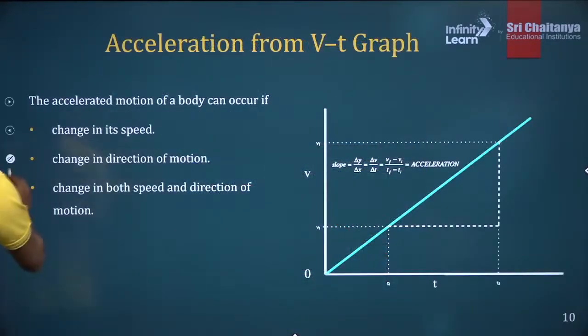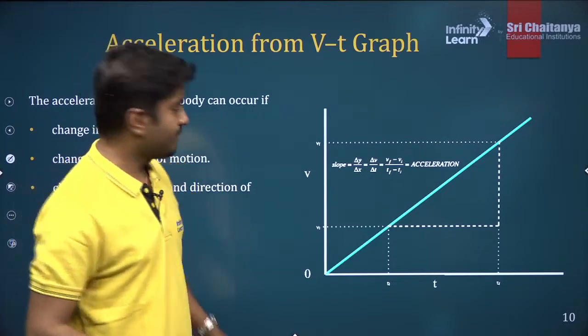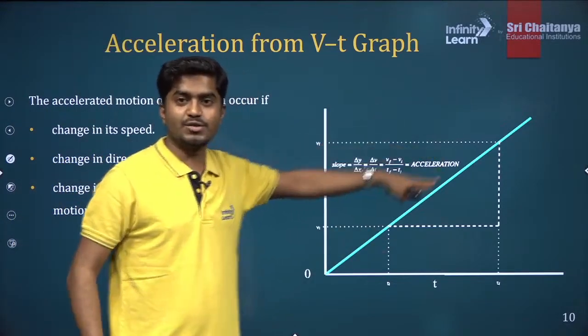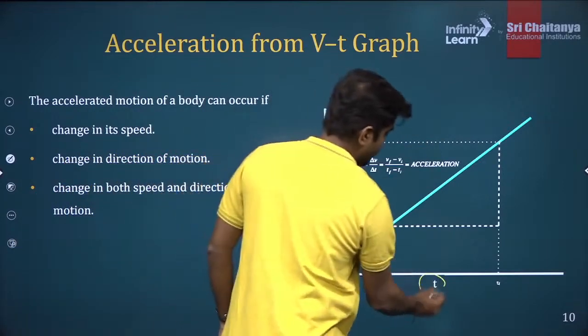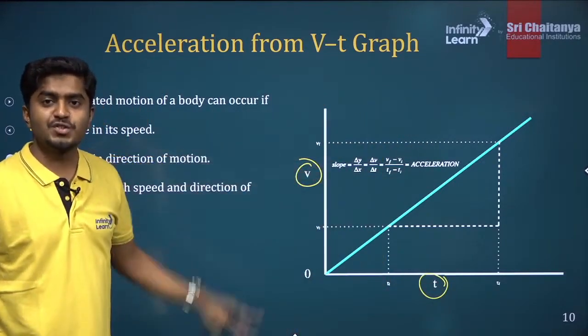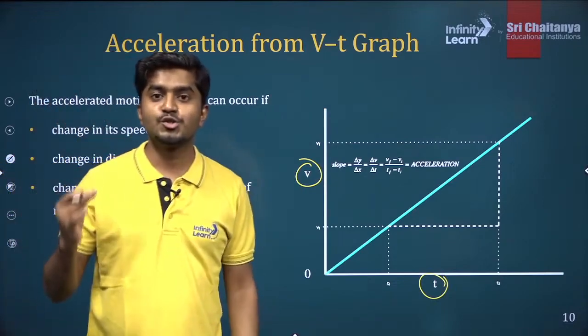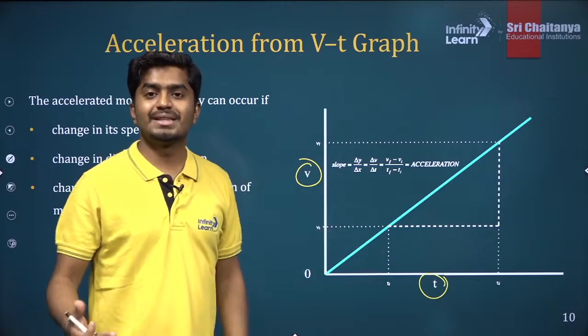Okay, so now whenever you have a straight line in the velocity time graph, for example, there is a straight line. Can you see? There is a velocity versus time graph, and you have a straight line. For a straight line, you can find the slope. Can you find the slope? What is the slope?